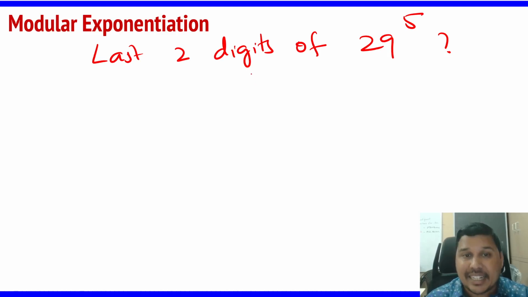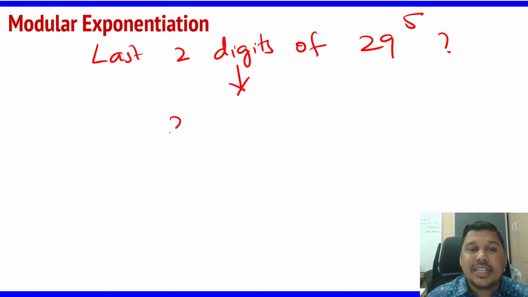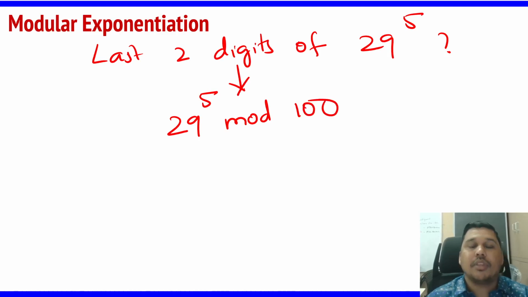That is equal to 29 power 5 mod 100. If you can find this expression's value, that result will be the last two digits of 29 power 5. Let's try to solve it.